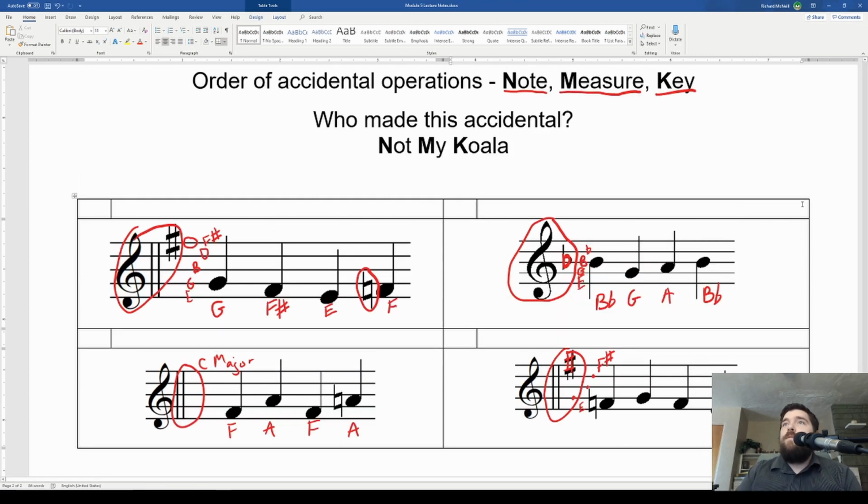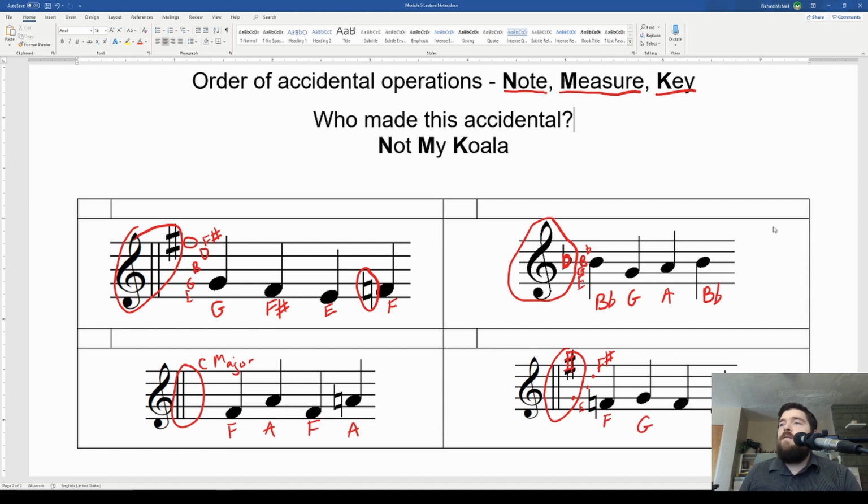Now remember, even if it is an F sharp from the key signature, the note and the measure come before the key signature. So if there's a change to the note or the measure, it's no longer an F sharp. This first one is our F of face, and it does have a natural sign, so it's just a regular plain F.